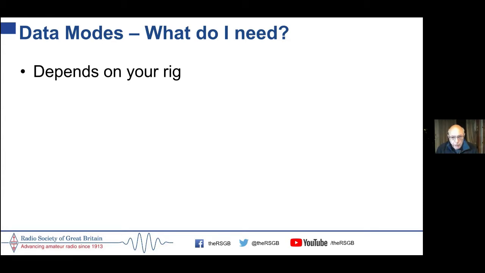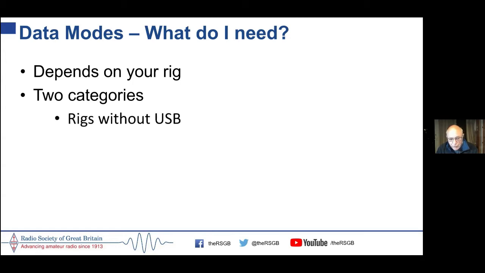So what do you need in order to do data modes, assuming you've got a computer and you've got your SSB rig? It depends on your rig. There's basically two classes of rig to consider for this, and there's two different solutions. The first are rigs that don't have a USB socket, things like the popular FT897 and so on.